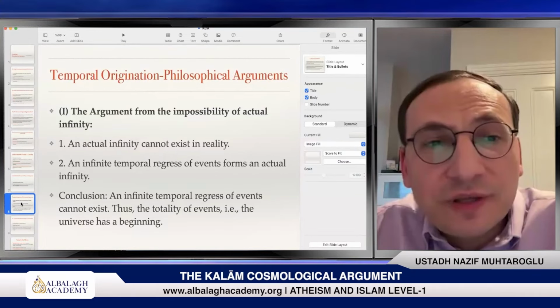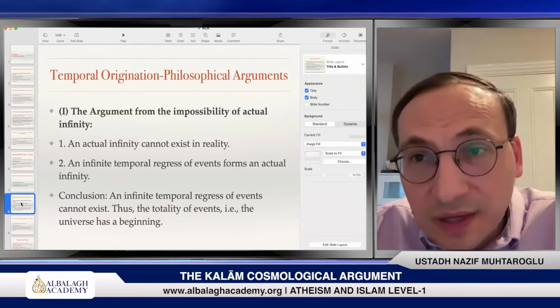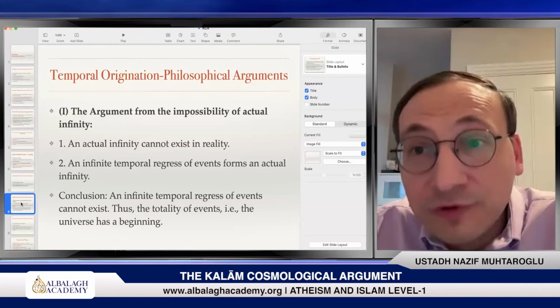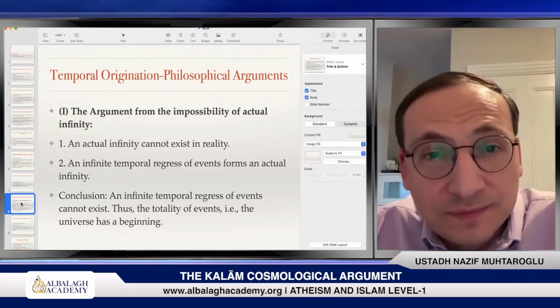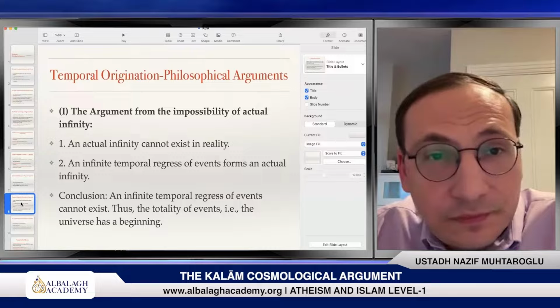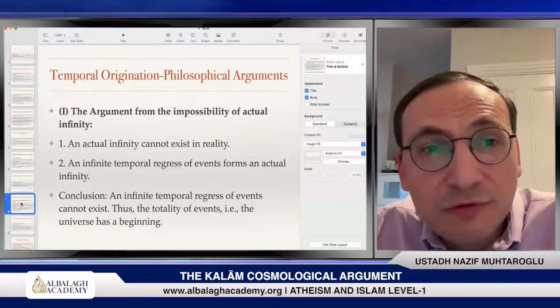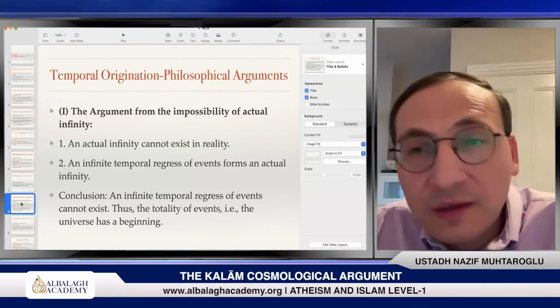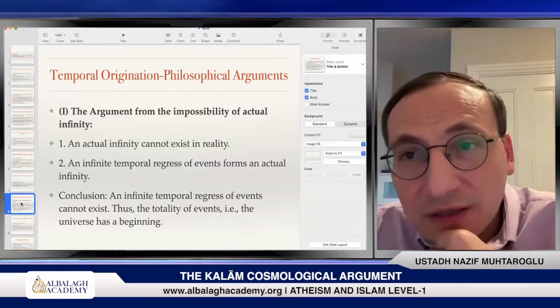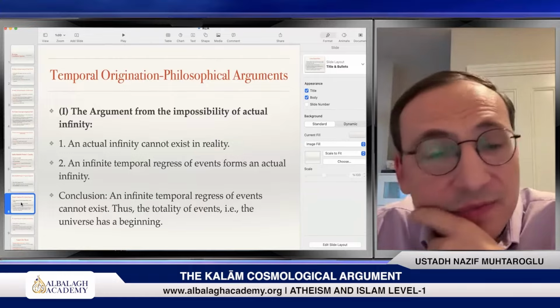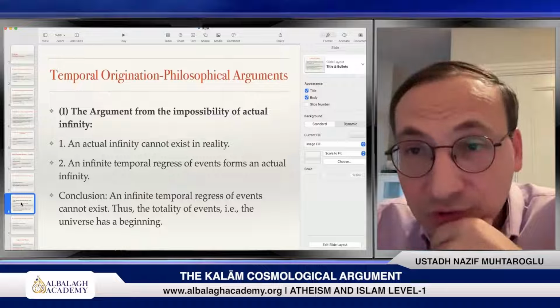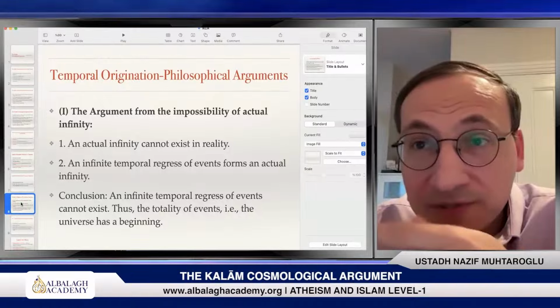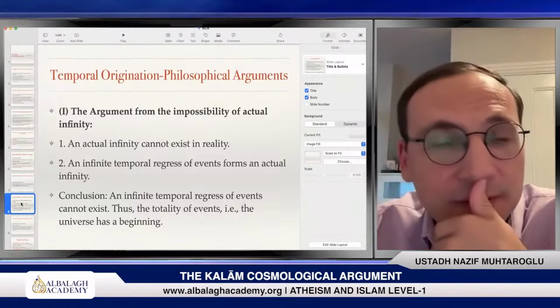And the philosophical arguments are of two types, again, offered by Craig. The first one is about the impossibility of actual infinity, and we will see the second, but will not be able to examine the details. It is about the impossibility of forming an actual infinity.